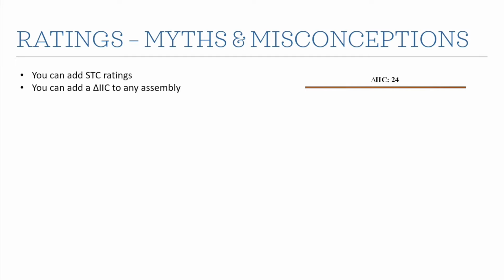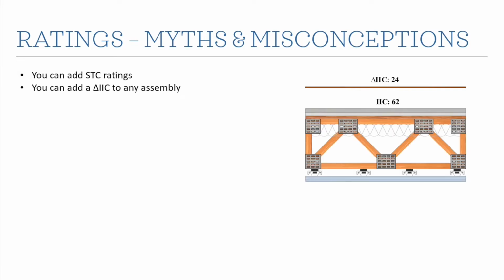So here we have, I think this is engineered wood flooring on a thin recycled rubber mat, and it got a delta IIC of 24 on a 6-inch concrete slab. So then can we take that delta and apply it to some other assembly? Here we have an open web truss. It's got a thick layer of gypsum concrete on the top on a sound isolation mat. On the bottom, we have sound isolation clips and 2 layers of gypsum board. And this assembly, without any flooring and underlayment on the top side, already has a very good rating of IIC 62.